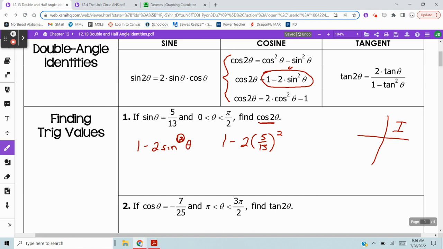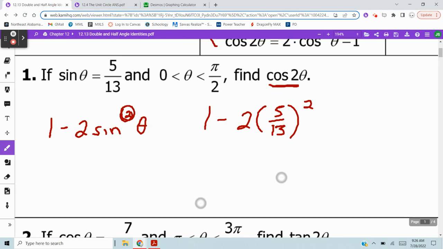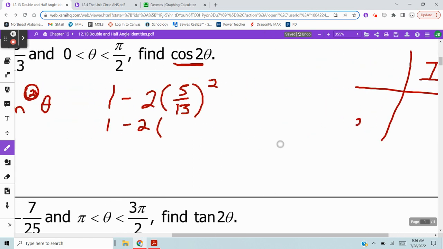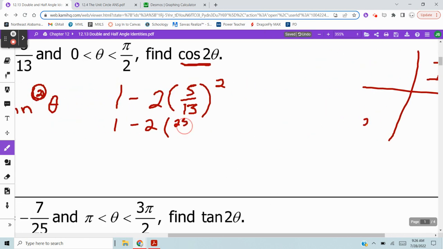Now that we've got it plugged in, we're simply going to use order of operations and clean this up. Let me zoom in a little bit. We have now 1 minus 2 times 5/13 squared. We're simply squaring the top and squaring the bottom. That'll be 25 over 169.